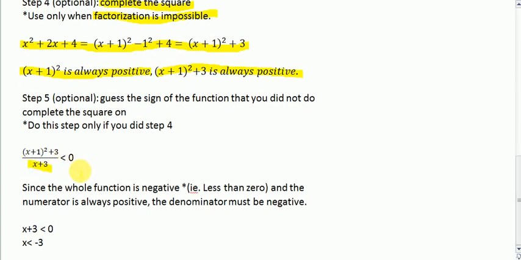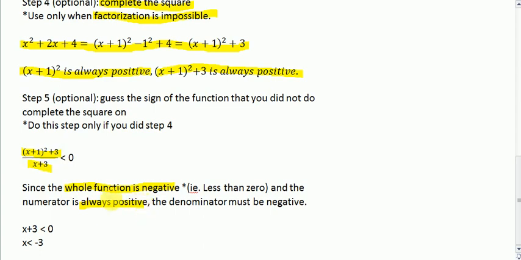So how? This statement is also very important. Since the whole function is negative, as the question states, this whole function is less than 0, so you know that it's actually negative. And the numerator, which is (x plus 1) squared plus 3, is always positive.